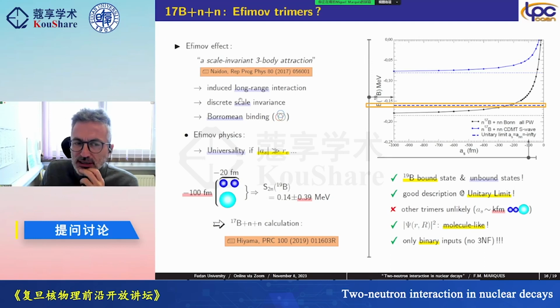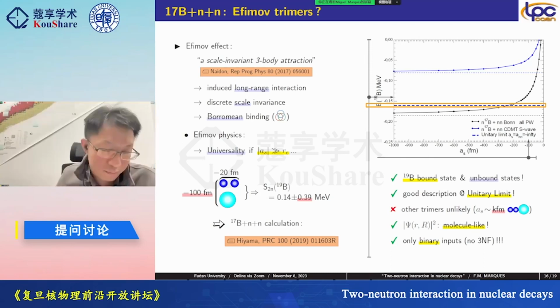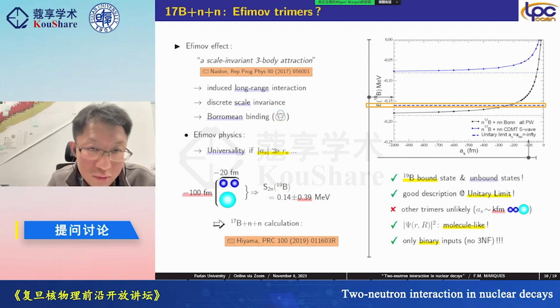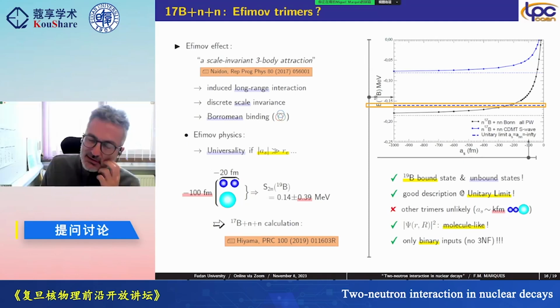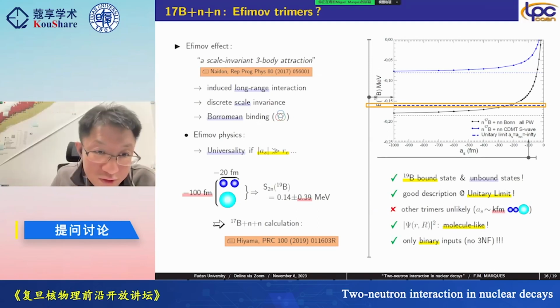What do you mean? I didn't understand the last part of the question. Oh, yeah, because of the scale invariance. If we enlarge the scales, there will be another eigenstate of the system. So in principle, for Efimov states, there should be an infinite number of states close to the threshold, right? Yes. So the first thing is, do you measure this in boron-19?